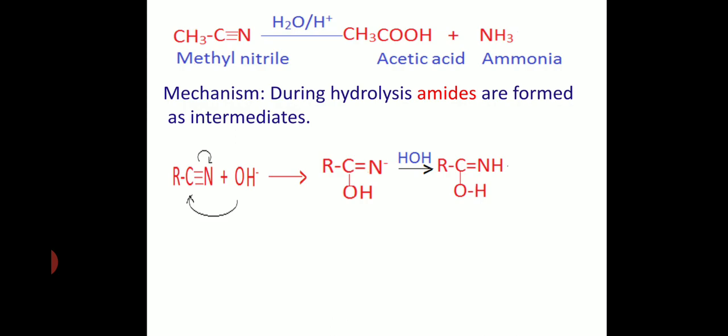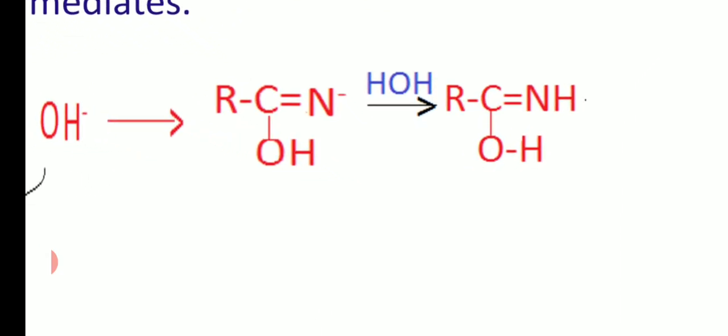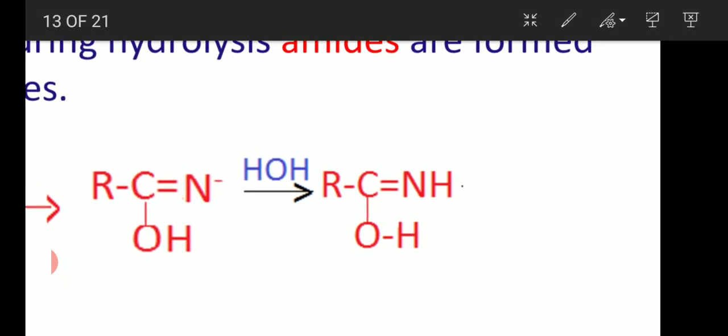Now this will react with water. HOH or H2O is water that we have taken for hydrolysis purpose. Now from water, which part shall go to nitrogen? So now we are seeing this R C double bond N minus OH, and HOH. HOH is H plus and OH minus.